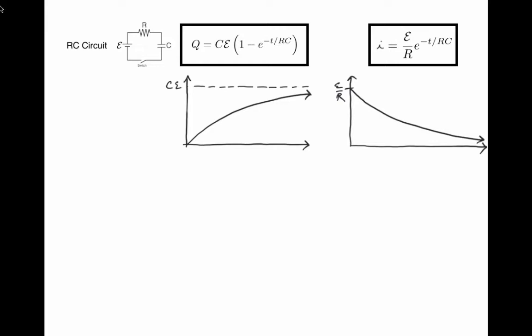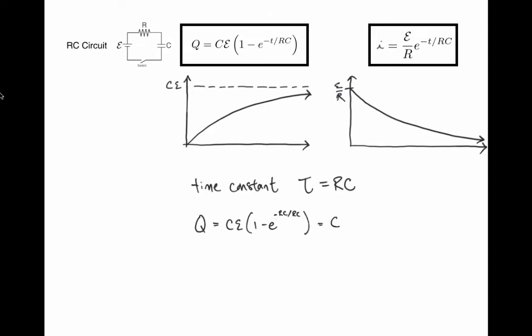It's often useful to get a sense of how quickly the capacitor is charging, and for that we define a new term called the time constant. The symbol for the time constant is tau, and this quantity is defined as RC. Let's use the derived equations to calculate Q and I at one time constant. Q will be equal to CE times (1 minus e to the minus RC over RC).